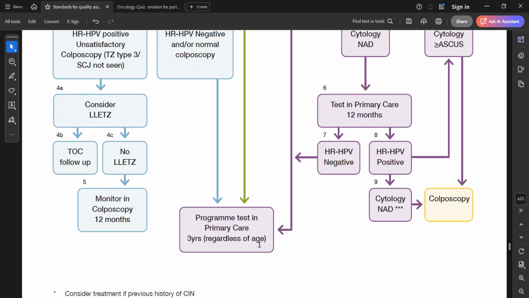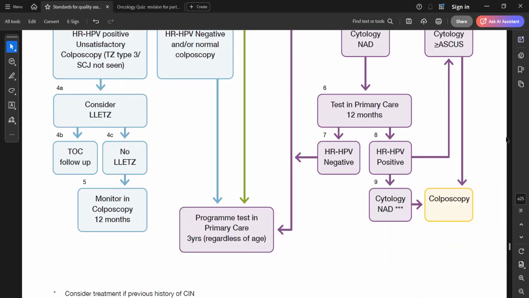To be honest, in one of the exams there were other options, like recall the patient or offer her another testing in 1 year.